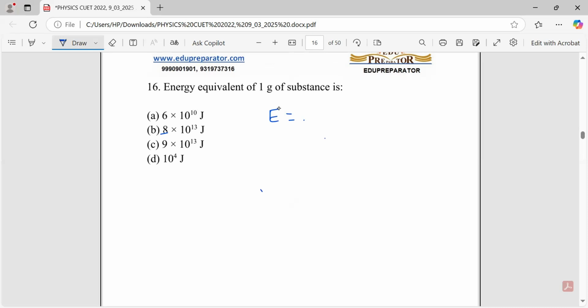So E is equal to delta mc square. But you are given 1 gram mass, that is 10 to the power minus 3. Speed of light is 3 into 10 to the power 8, whole square. So the answer comes to be 9 into 10 to the power 13. So C is the correct answer.